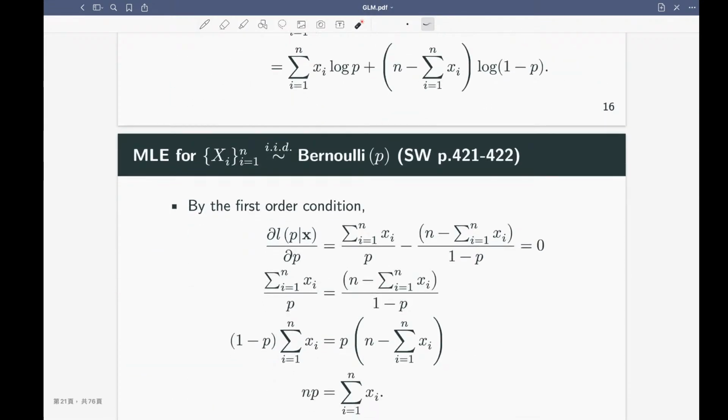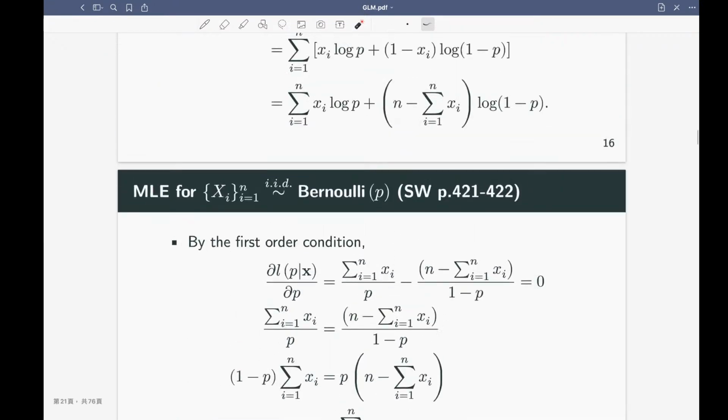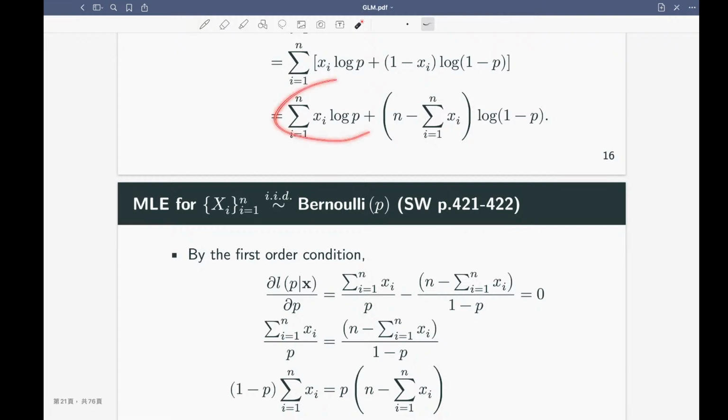And next, we do the first order condition, FOC. Okay, so here, how about log p? Log p with the first order condition is transformed to the numerator and denominator.